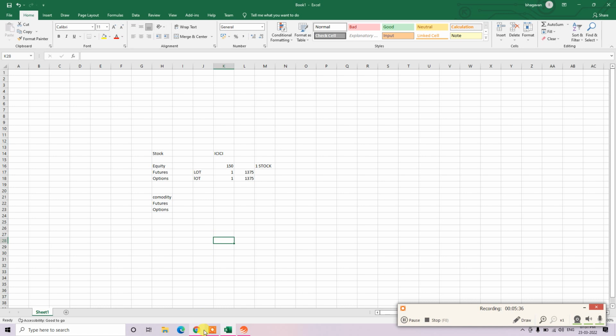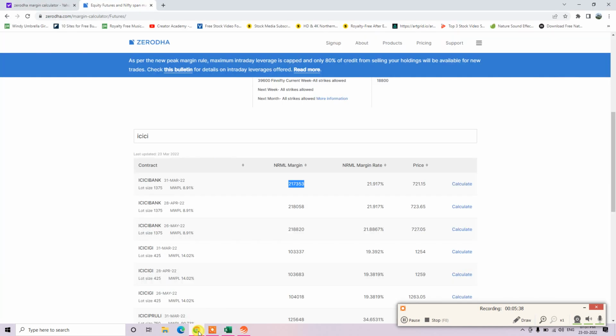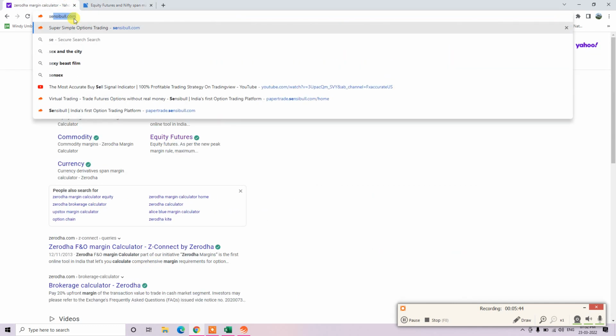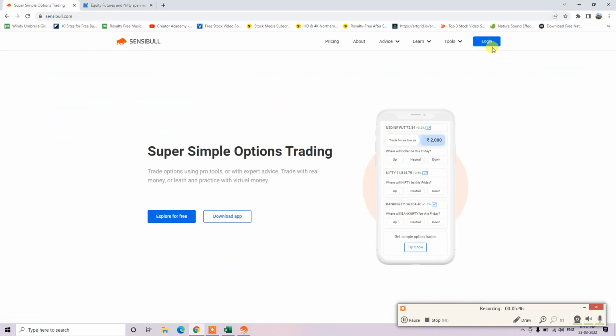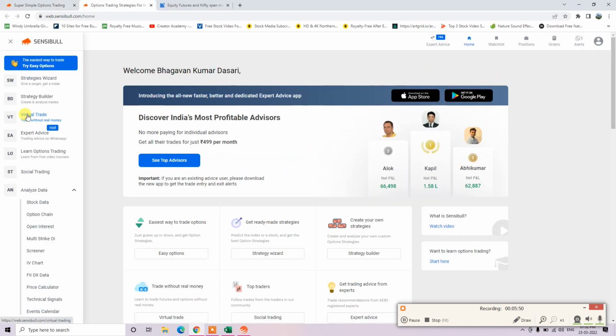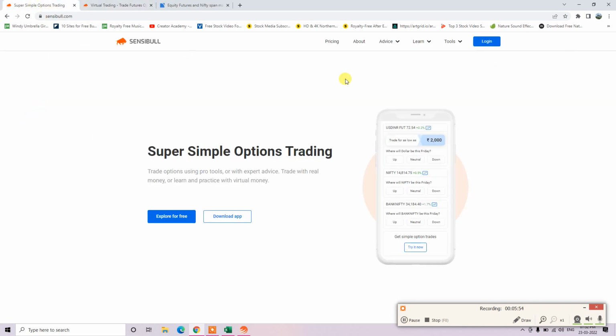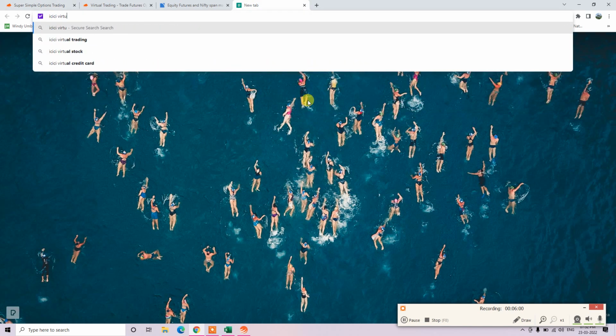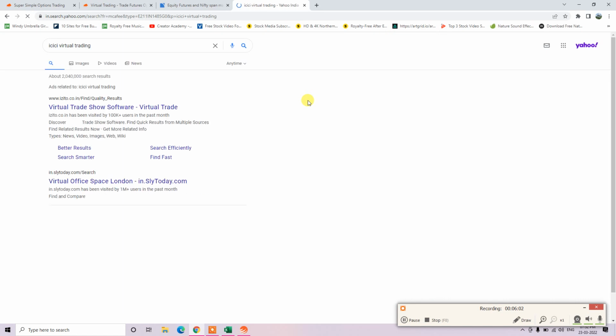Now let us go to one of the sites which I use, called Sensibull. Sensibull is the virtual trading platform which I like. There is another trading platform as well. Let me show you that. ICICI virtual trading.